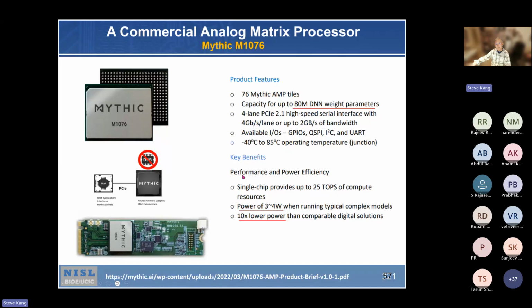A single chip provides up to 25 TOPS, tera operations per second, of compute power at 3.3 to 4 watts, running typical complex models, with 10x lower power than comparable digital solutions. And there's a module available from this company.